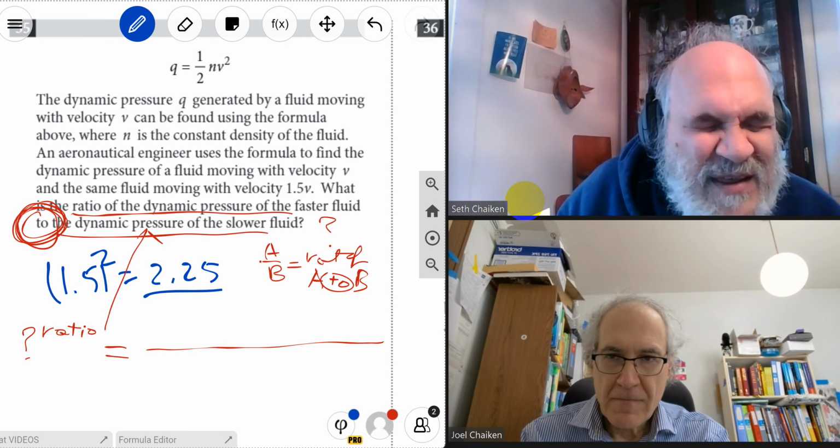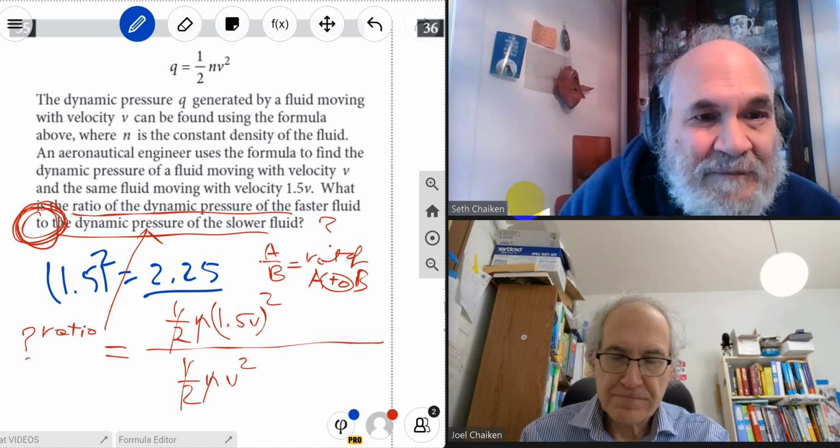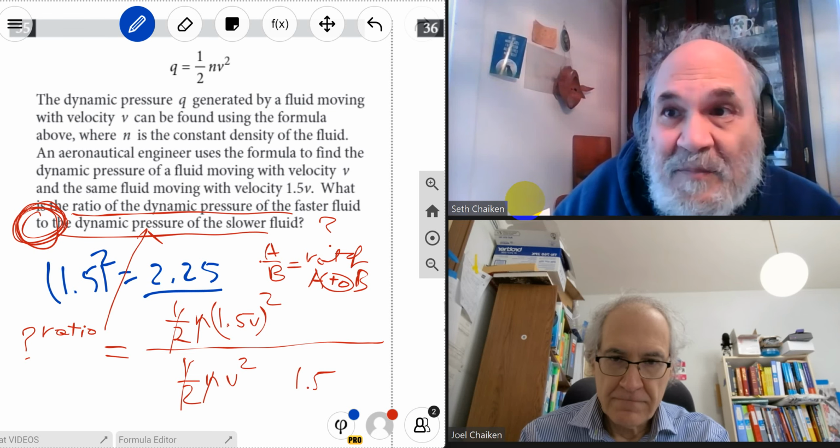So this is the answer. Great. So what you can do is cancel like crazy. Okay, 1.5 v. Let me use the eraser. Oh, okay, a little bit too much. I know, erasing doesn't work here.